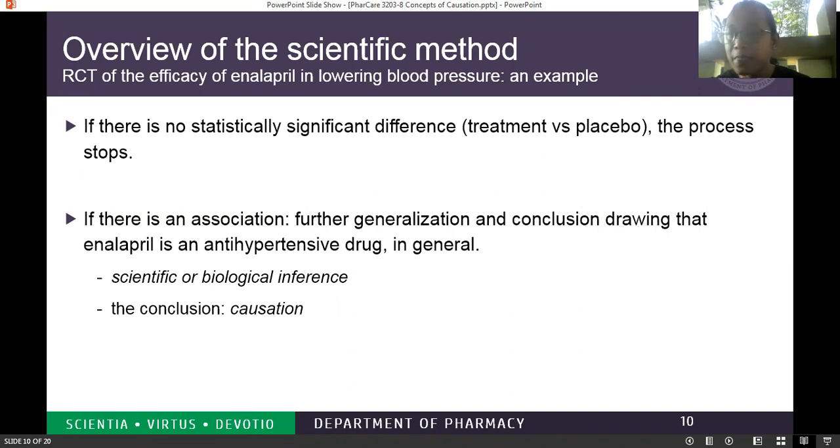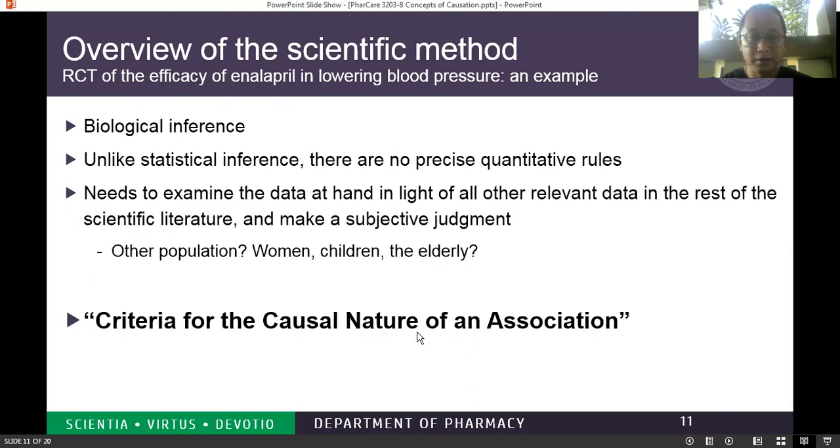So we need to dig into the current body of literature to explain how enalapril, an ACE inhibitor, can lower the blood pressure. What is the mechanism behind it as well? Yeah, so then we have a causation.